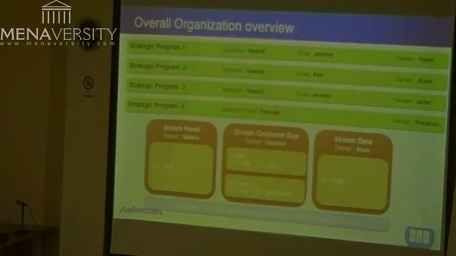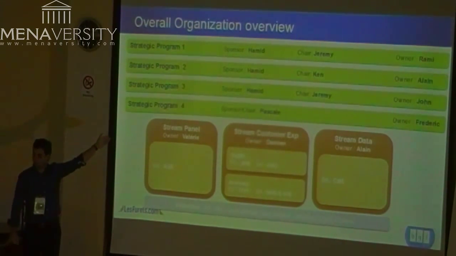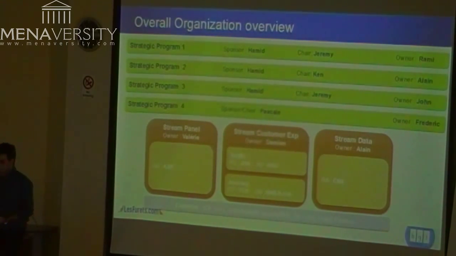Basically, the way we organize ourselves, we have about 4 strategic programs running at the same time. These are the teams that do the actual work, and they are split by either expertise or area. Typically, we would have a stream called panel.